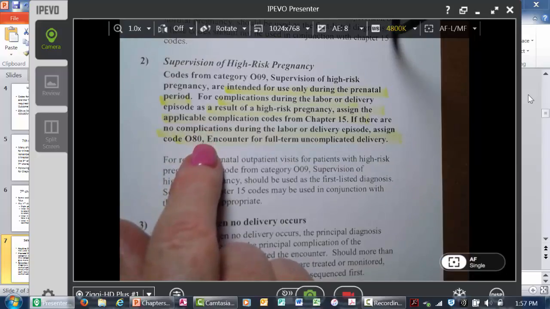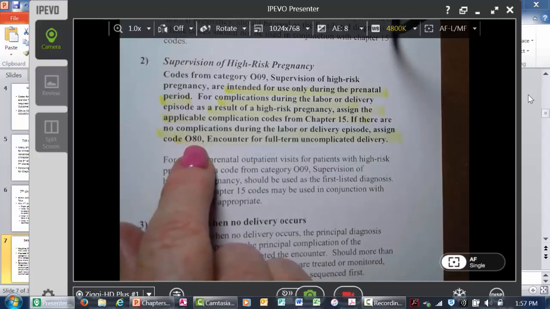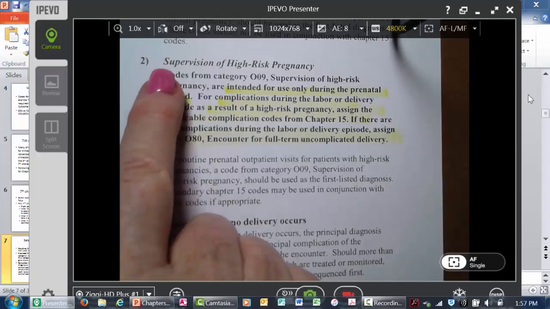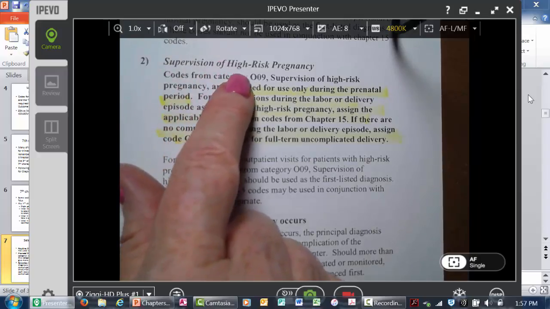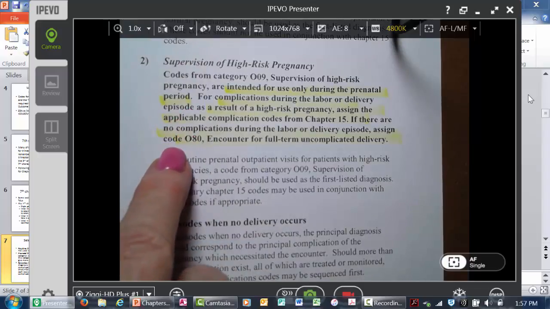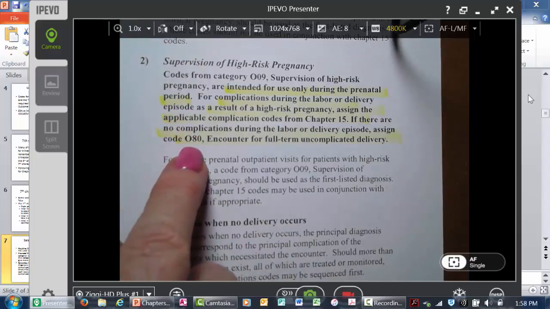If there are no complications, you can assign O80, encounter for full-term uncomplicated delivery. So what this tells me is even though you may have a high-risk pregnancy that you have to monitor throughout the pregnancy, you can have an uncomplicated delivery that does allow you to assign an O80 code.